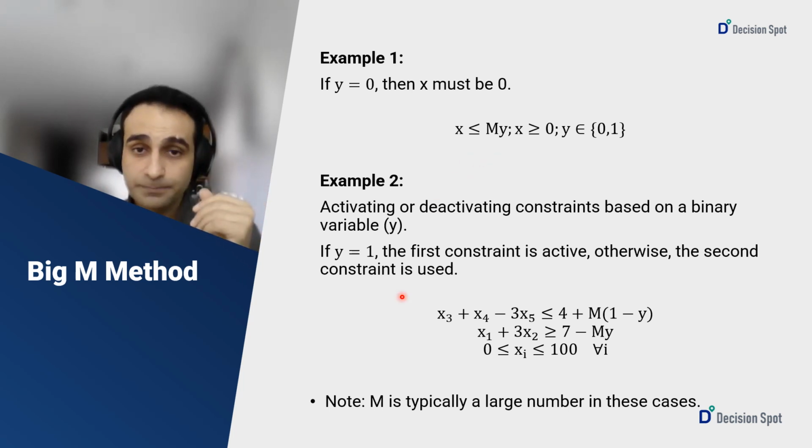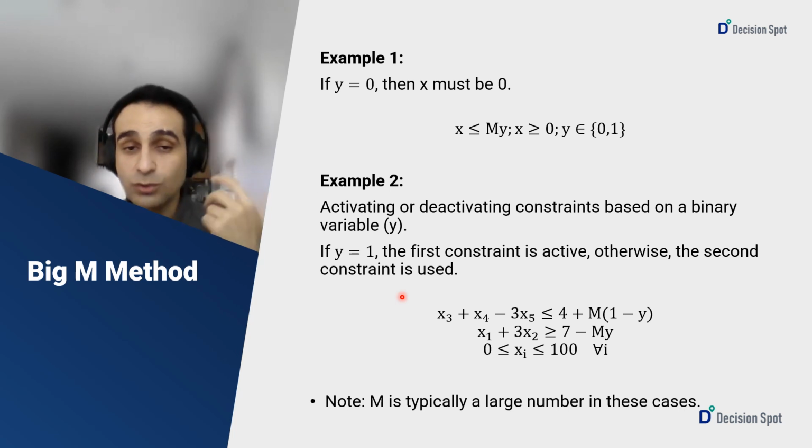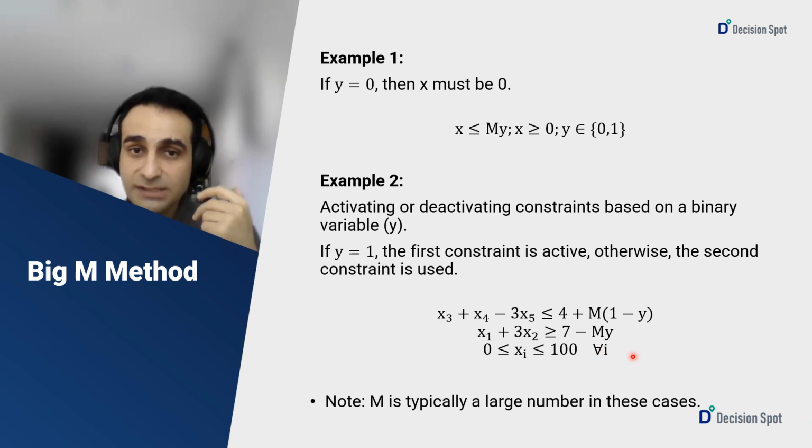Another example can be using Big M to activate or deactivate constraints. Look here. If our binary variable y is equal to 1, the first constraint is active, while the second one is inactive. Why? Because the right-hand side becomes small enough to make the constraint redundant.